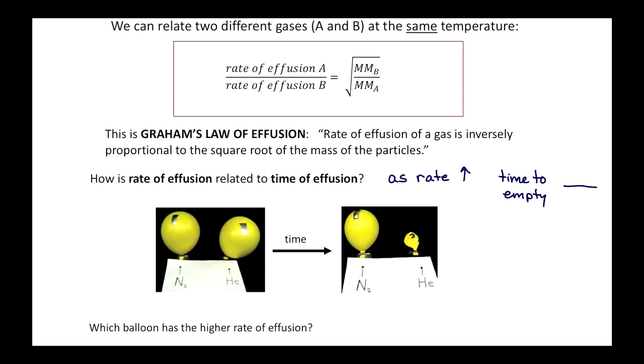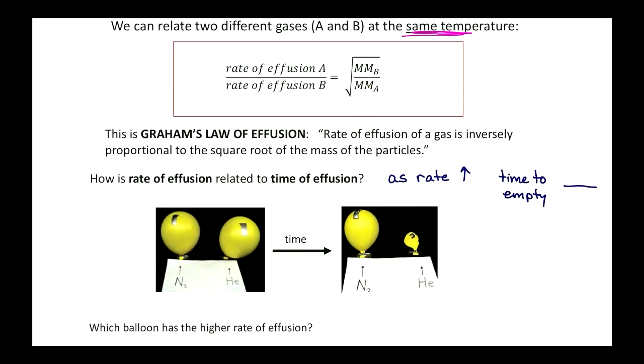So we can make a comparison of the rate of effusion for two different gas samples based upon their molar masses, assuming that they're effusing at the same temperature. If they're at the same temperature, they have the same kinetic energy. So to compare effusion rates, all we have to do is compare those molar masses, right?